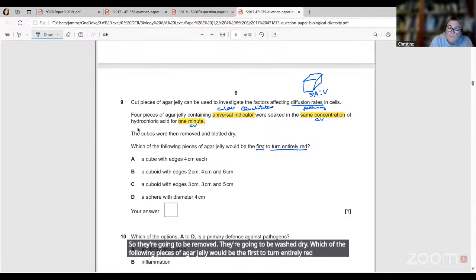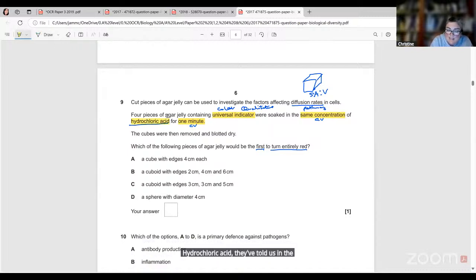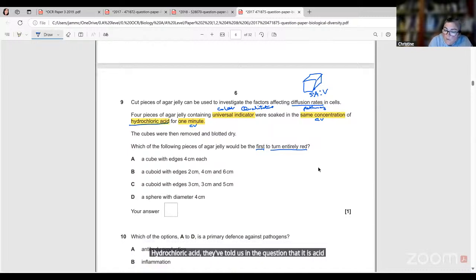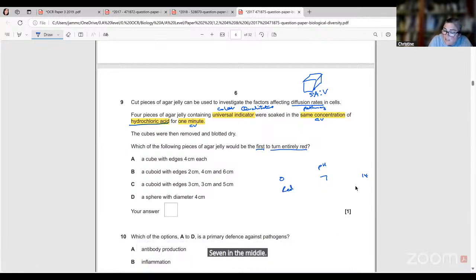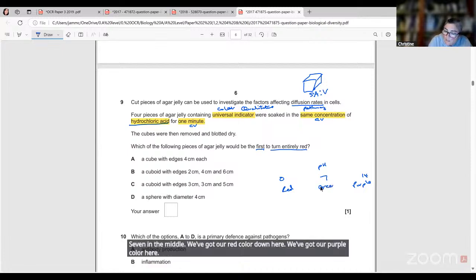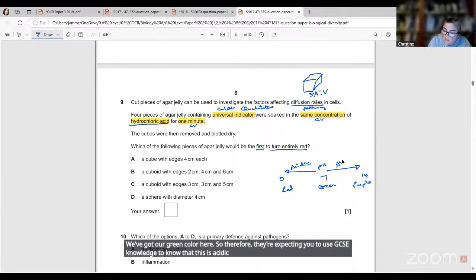So hydrochloric acid, they've told us in the question that it is acid. So if we're looking at our pH scale, it goes from 0 to 14, 7 in the middle. We've got our red color down here, our purple color here, and our green color here. So they're expecting you to use GCSE knowledge to know that this is acidic, this is alkaline.